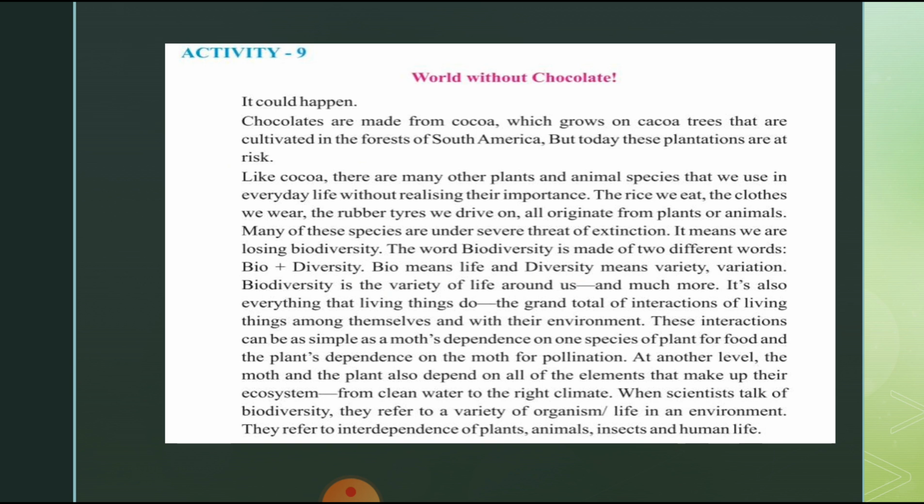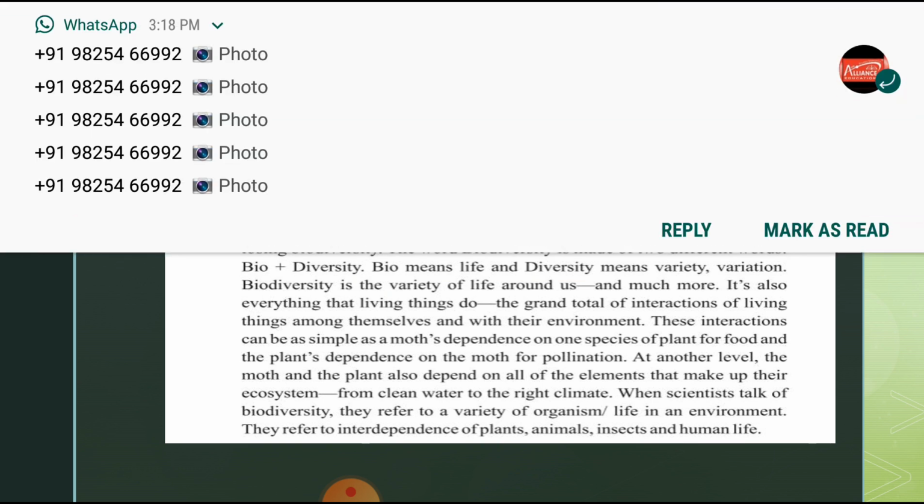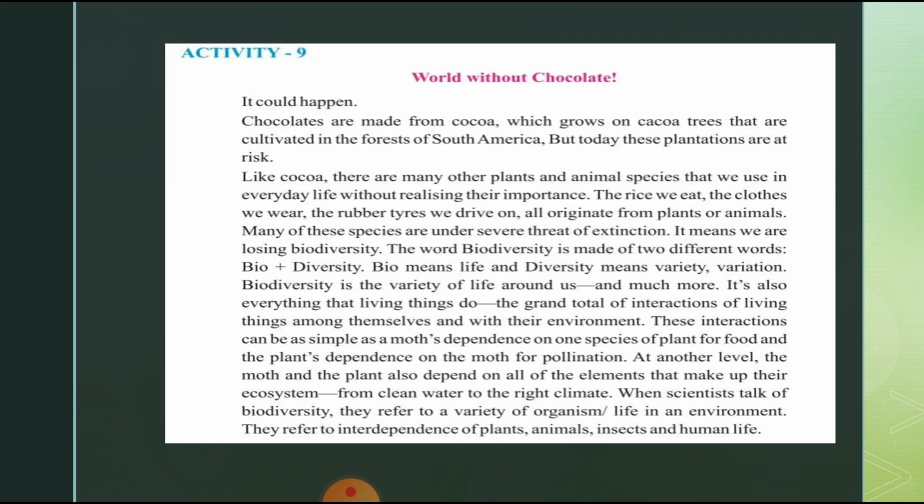Like cocoa, there are many other plants and animal species that we use in our everyday life without realizing their importance. When we talk about the cocoa plant, it is said that these plantations are at risk, in danger of becoming extinct.